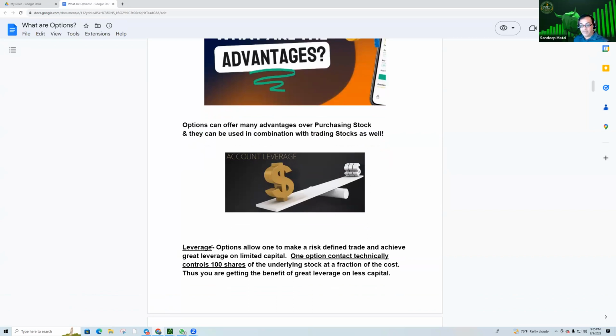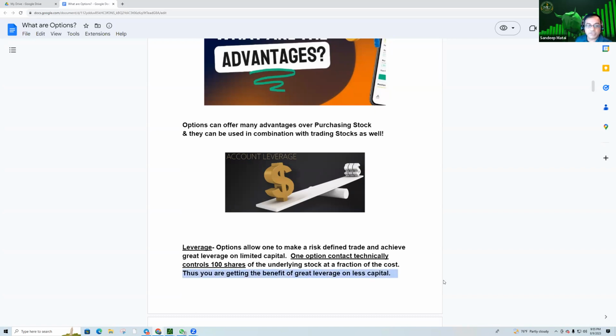So again, what are the advantages? One of the biggest is leverage. They allow you to make a risk-defined trade and achieve great leverage on limited capital. Remember, one contract controls 100 shares. So the higher it goes, the more you're making with the limited cost that you paid. The leverage is the beautiful part about options, and we see that in our group.